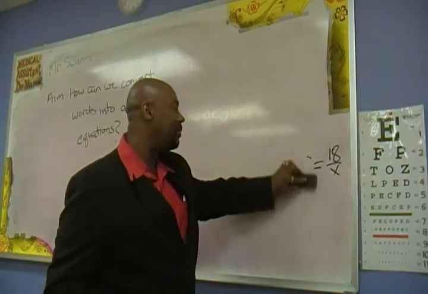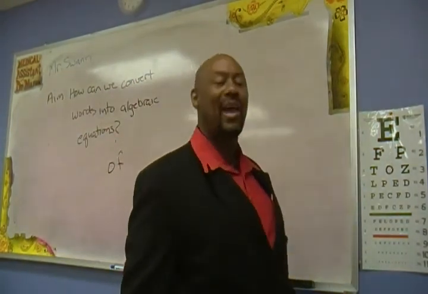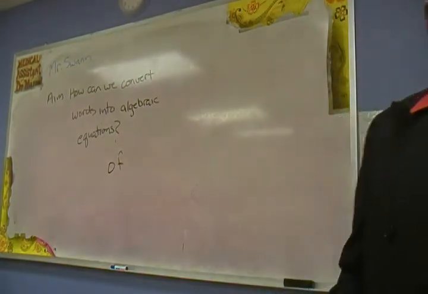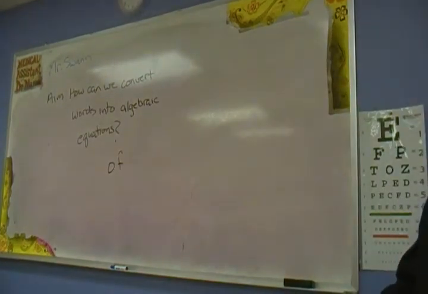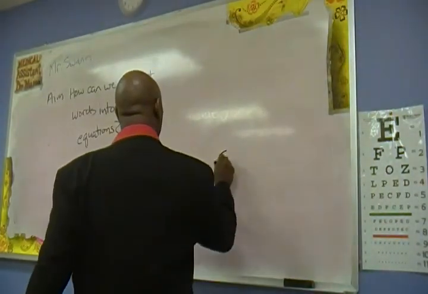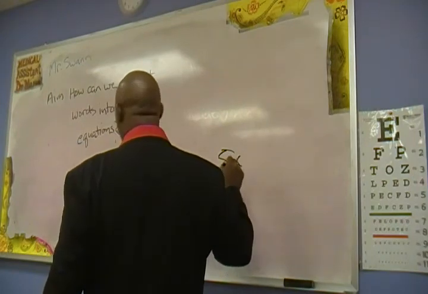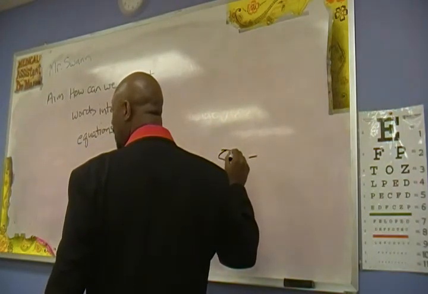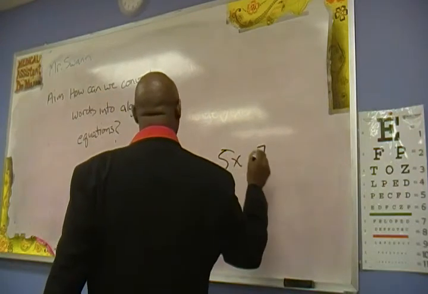Suppose I said 5 times a number decreased by 7. That's 5x minus 7.